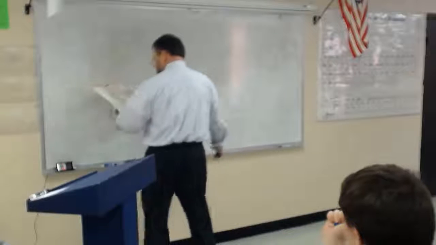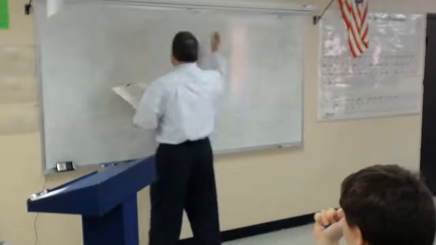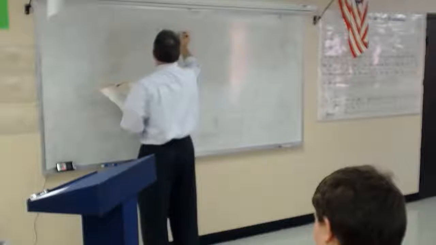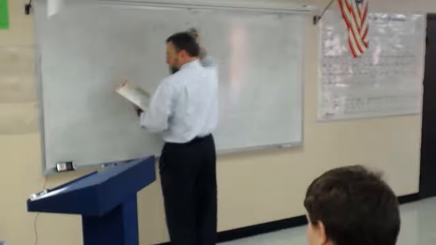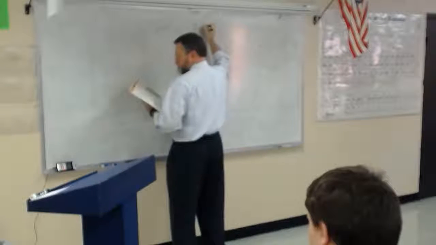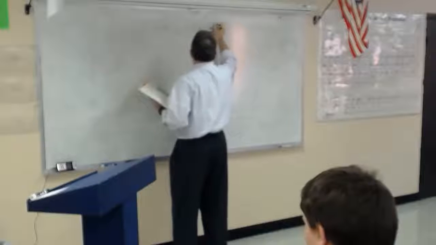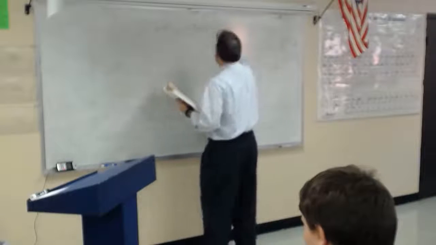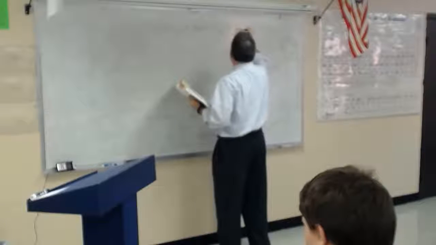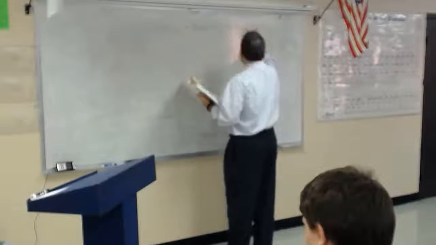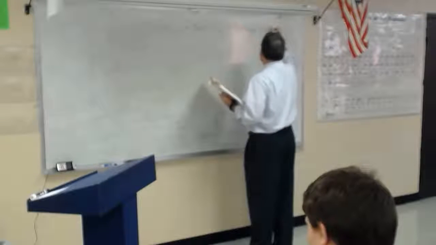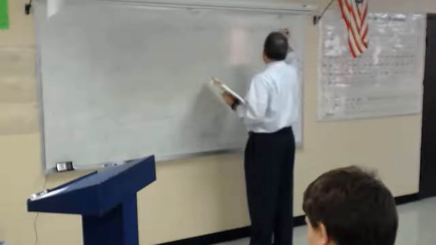The second question on page 294 says, we've got 2 HCl liquid and barium hydroxide solid react to produce barium chloride aqueous and water, liquid.